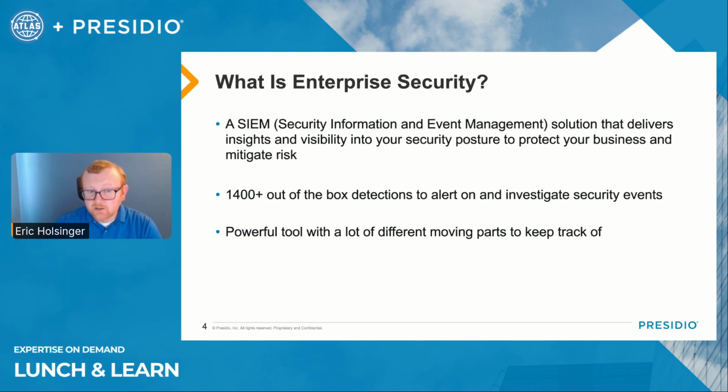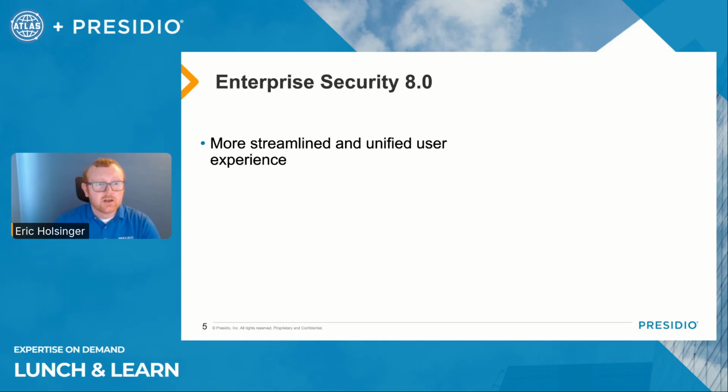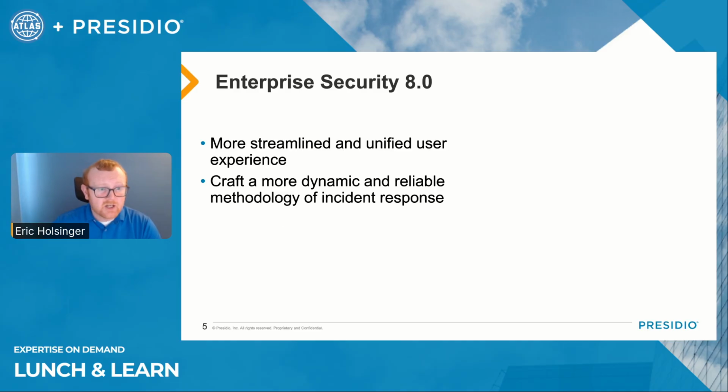If you need more information, definitely check out different things online about that. But this particular Lunch and Learn is going to be more about what Enterprise Security 8 is. So Enterprise Security 8.0 was released later in the year last year. That is the newest major version of Enterprise Security, and it changed up a few things. So it has a more streamlined and unified user interface. You're able to craft a more dynamic and reliable methodology of incident response, thanks a lot to that streamlined and unified user interface.